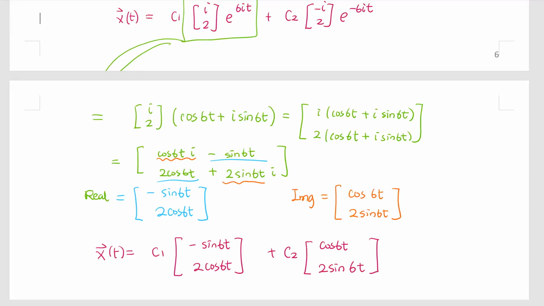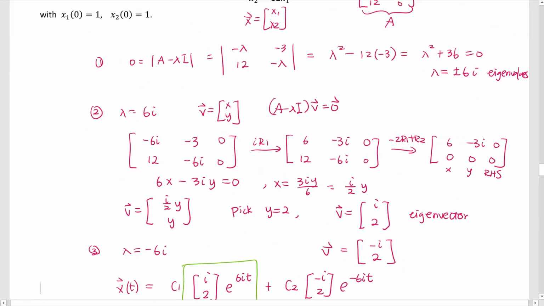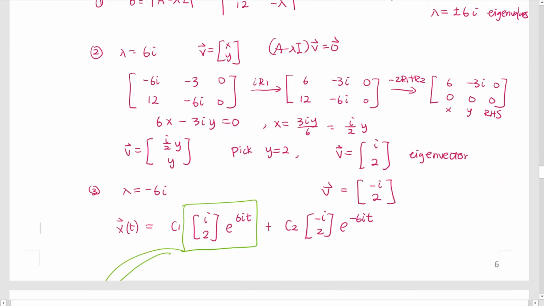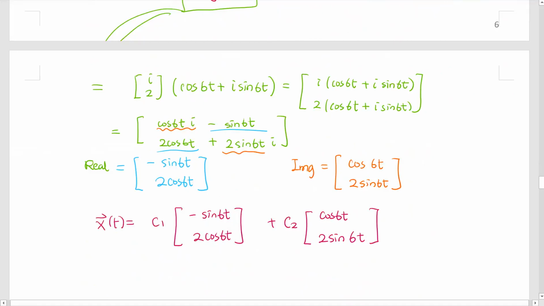Okay, so this is our final answer. You can see compared to the last example, we don't have an exponential term here because our alpha, when we solve our eigenvalues, we don't have a real part. The alpha is 0, so you don't see the exponential function there. And the imaginary part, like 6i, we expect to see sine and cosine 6t in our solution.